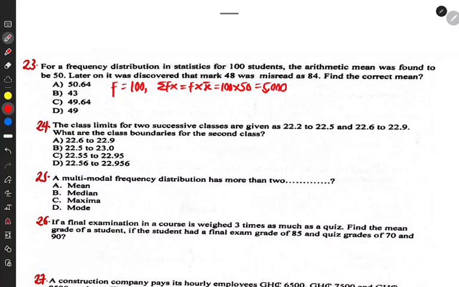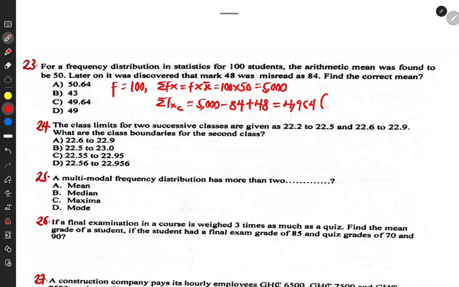So it is this total sum that we have. One of the marks which is supposed to be 48 was measured as 84. So what we need to find is the correct summation of f of x, which is f of x subscript c. So that should be equal to the wrong sum, taking away the wrong mark that was included, and adding the original mark, which is supposed to be 48. So what do we get in sum? You're supposed to have what?